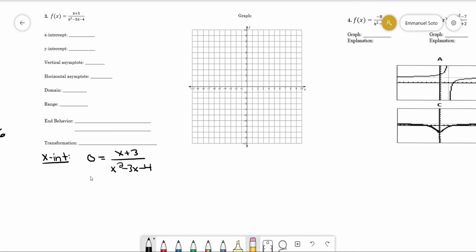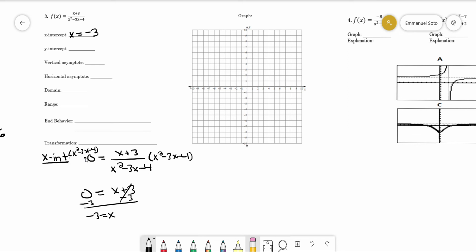So we're going to move the x squared minus 3x minus 4 onto the other side by multiplying. So that'll be 0 on the left side equals x plus 3, minus 3 on both sides. X is negative 3.